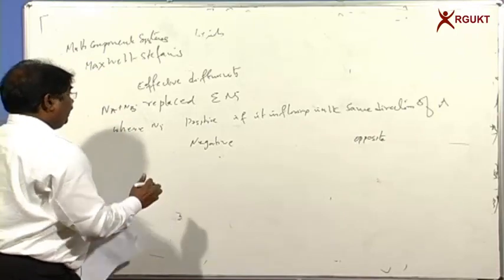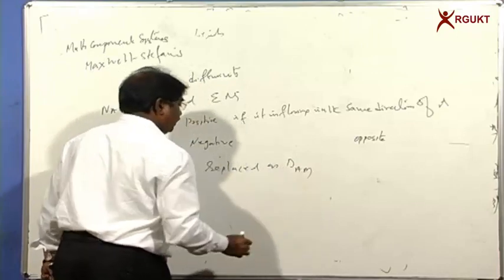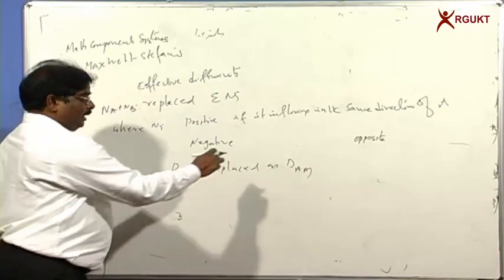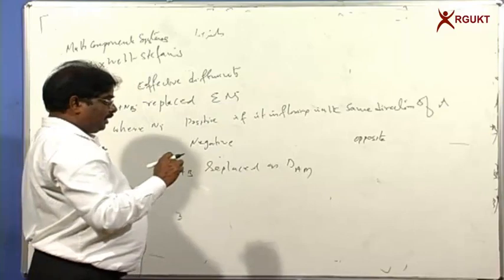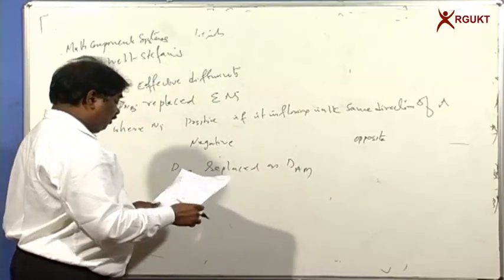And DAB is replaced by DAM, where DAM indicates the diffusion coefficient of A through a multi-component mixture, or what we call the effective diffusion coefficient.